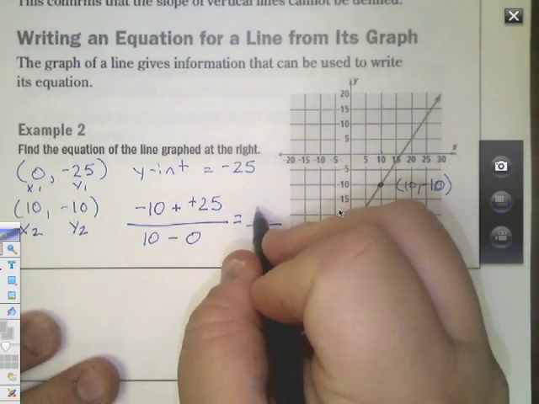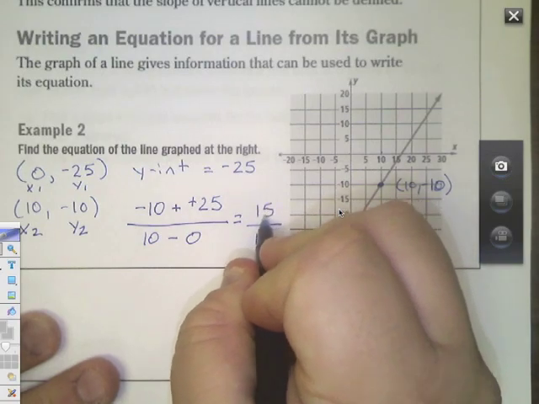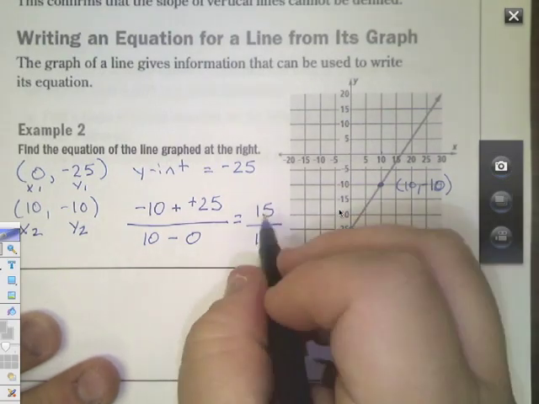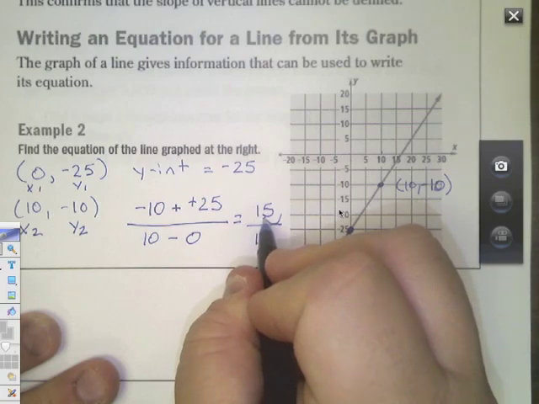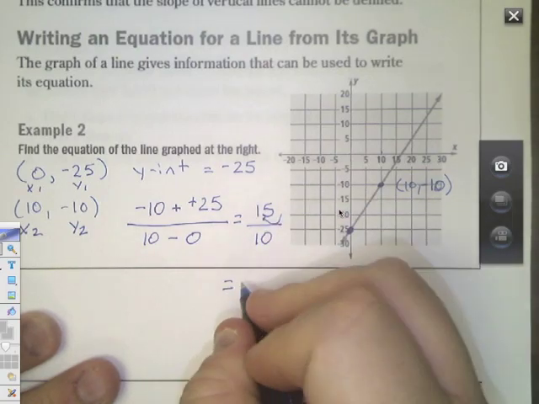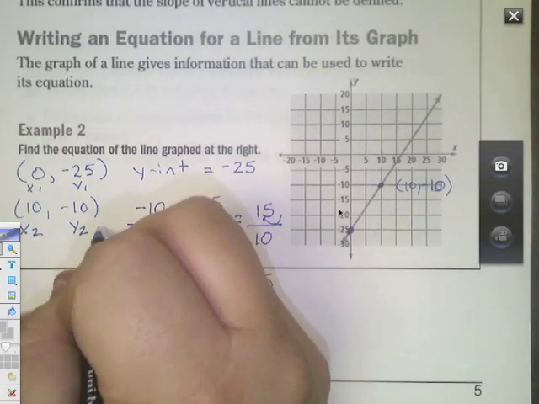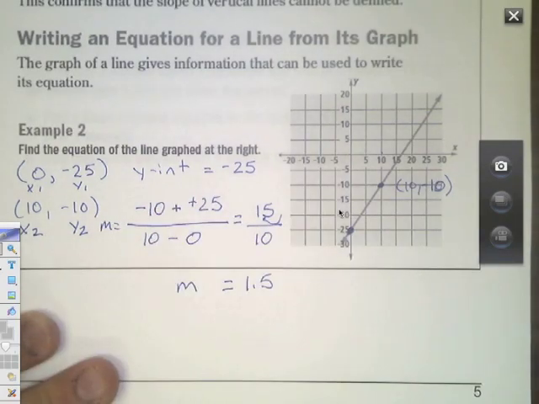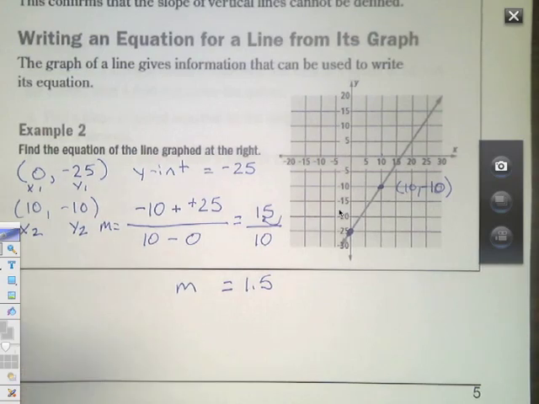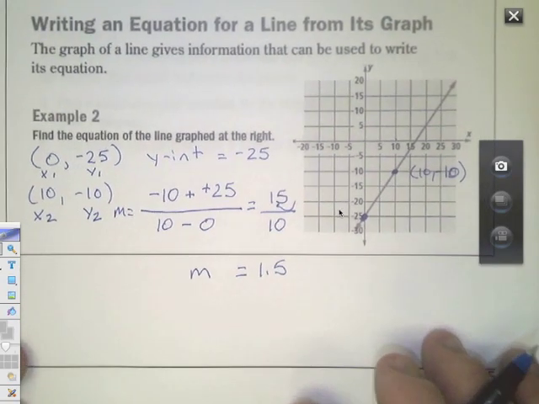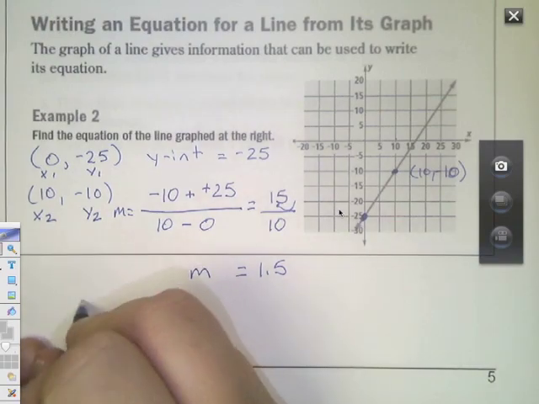Minus a minus is plus. So -10 plus 25, we should all know, is 15. And when we divide by 10, we move the decimal 1 unit to the left, and it gives us 1.5. So my slope is equal to 1.5.